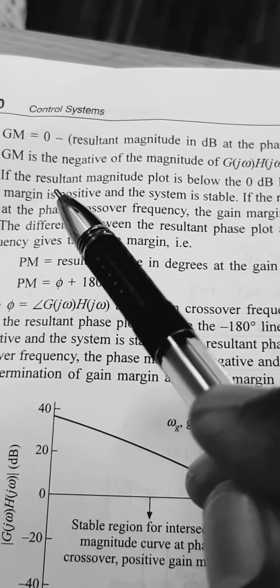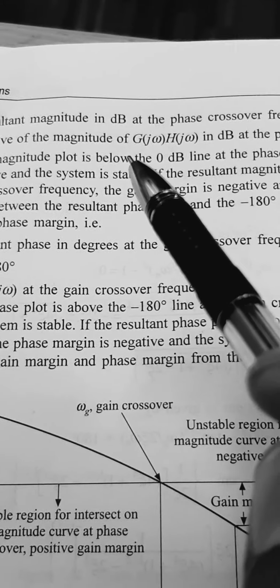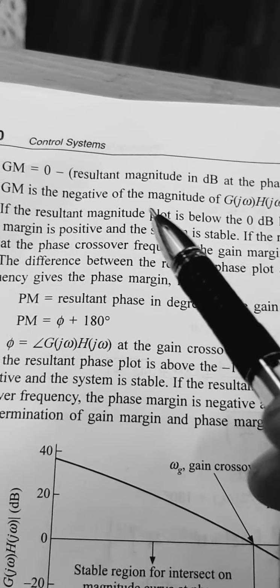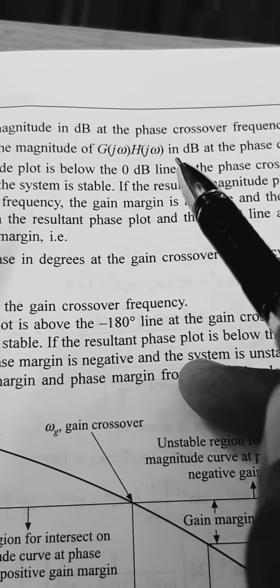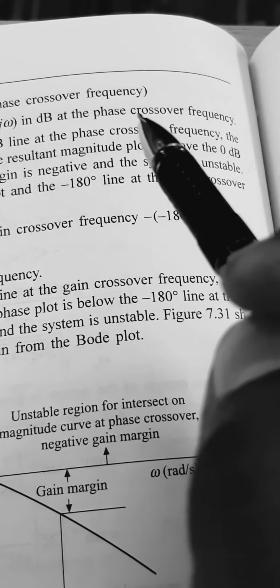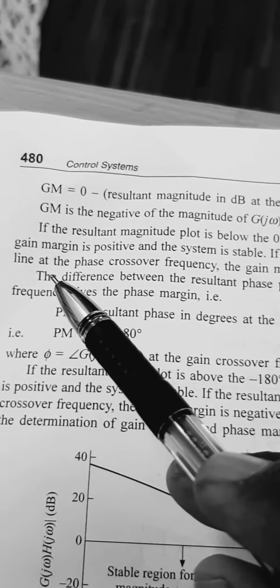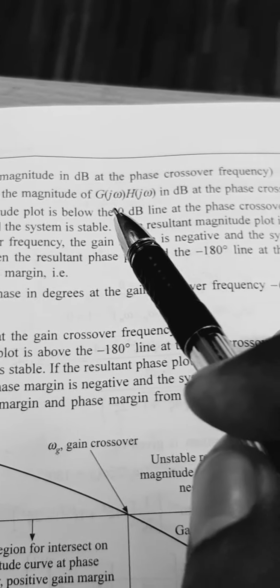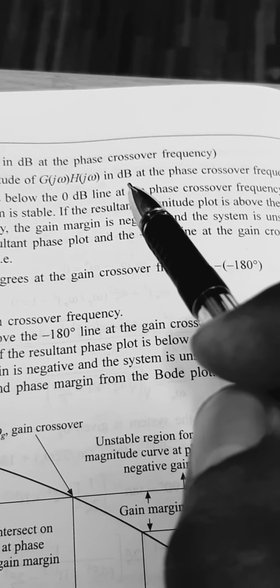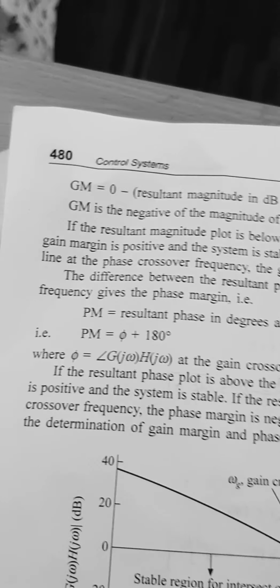Now, GM is the negative of the magnitude of G(jω)H(jω) in dB at the phase crossover frequency.